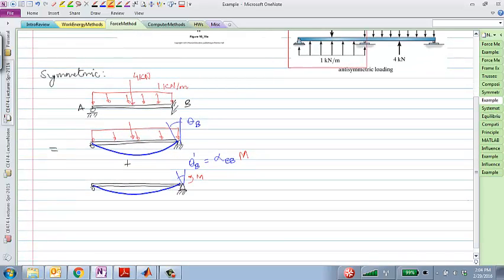So if that's the case, what would be the compatibility equation? What would be the compatibility equation for this symmetric problem?